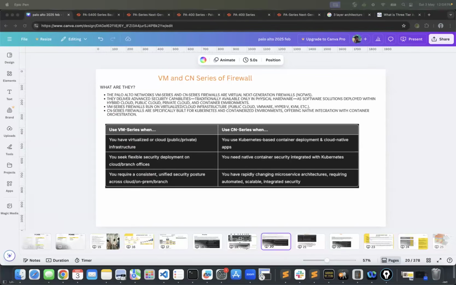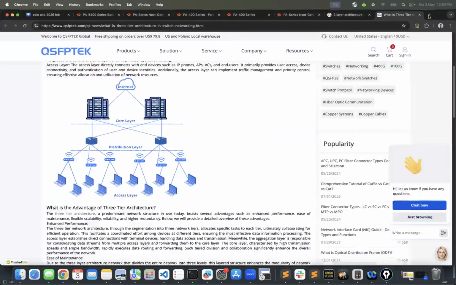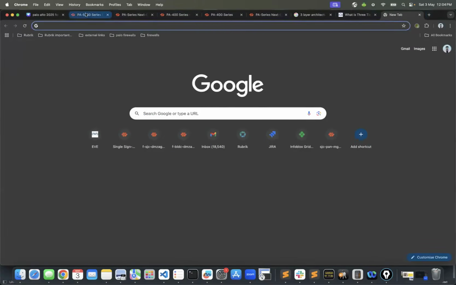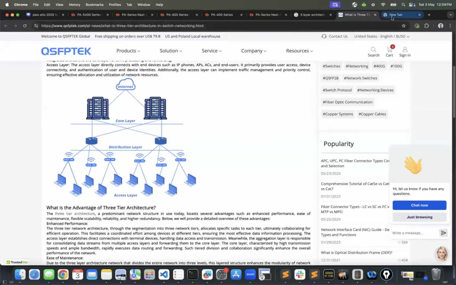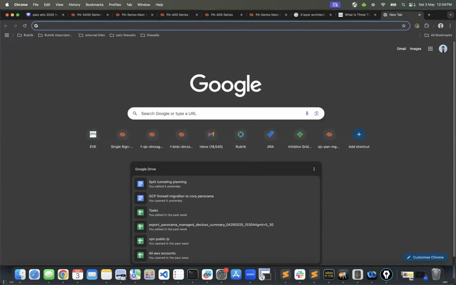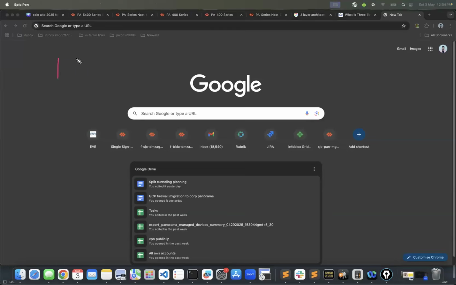Sir, what about the bandwidth? Does it really vary between a virtual firewall and a physical one in terms of bandwidth connection? Whether it is physical or virtual, VM or PA, it all depends on your pipe.